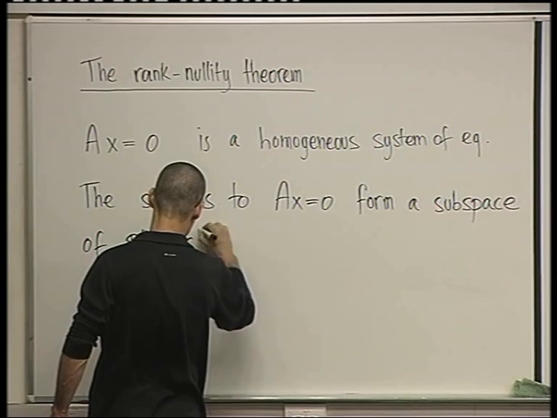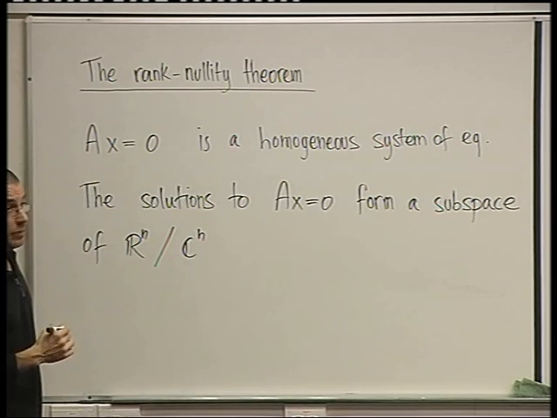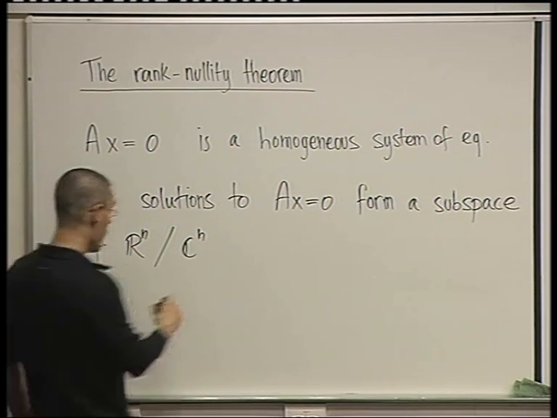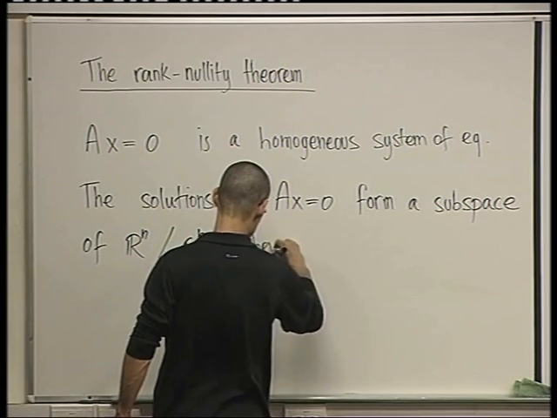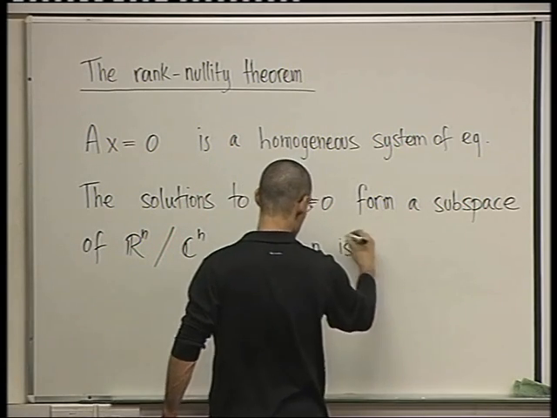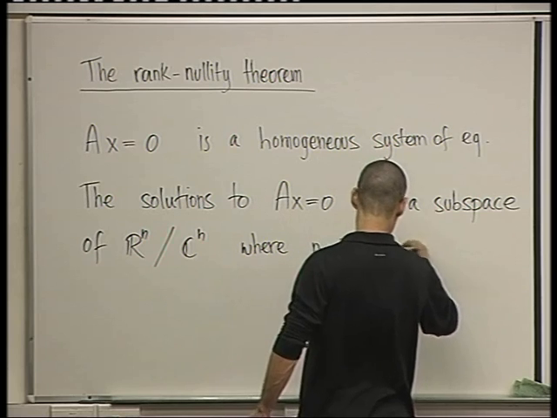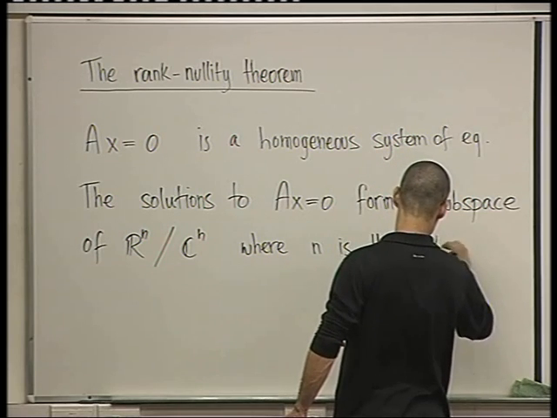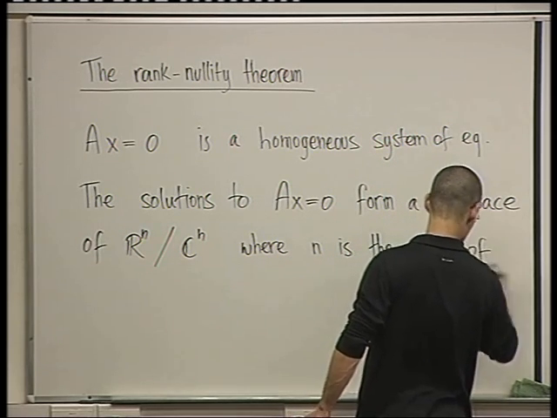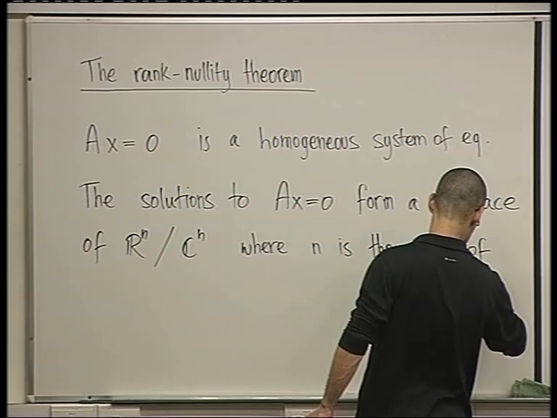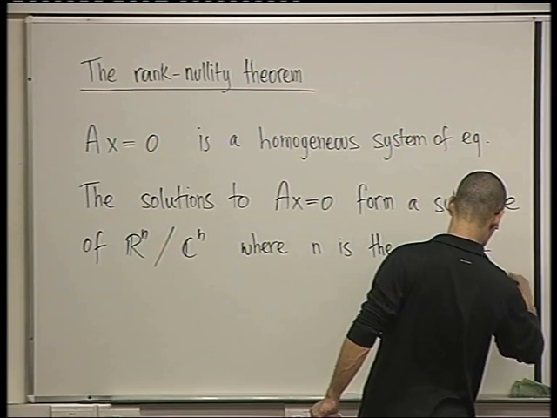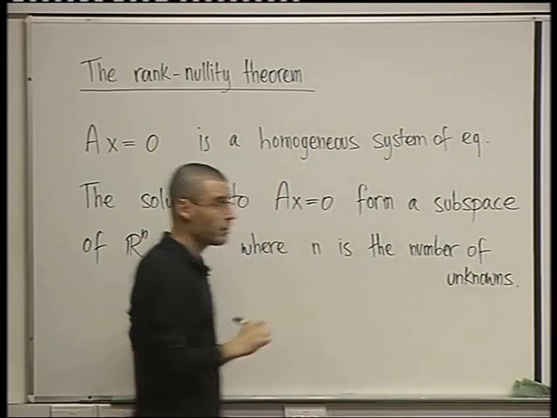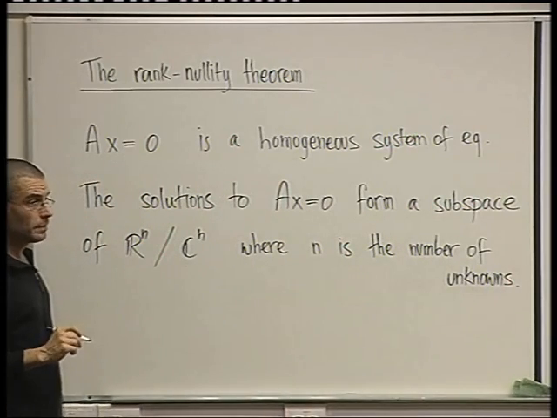Or Fn for a general field F, where n is the number of variables or unknowns. The number of xi's. Good?